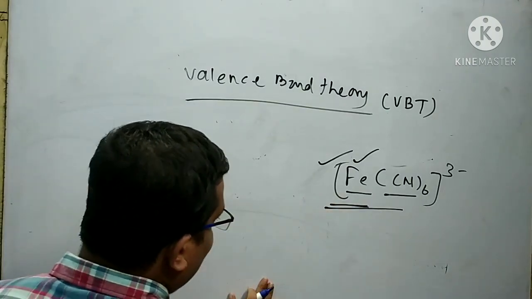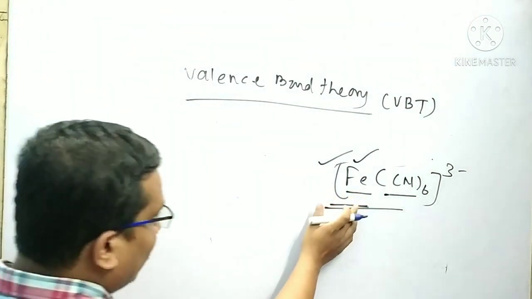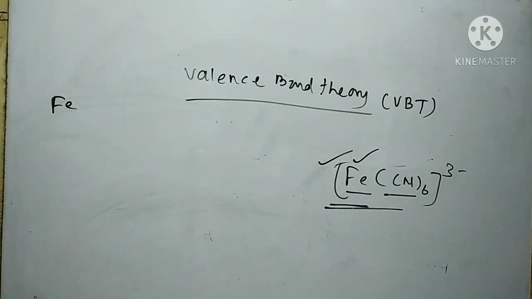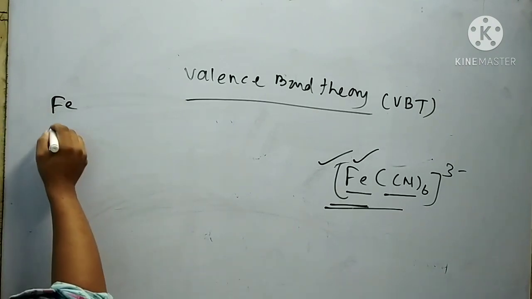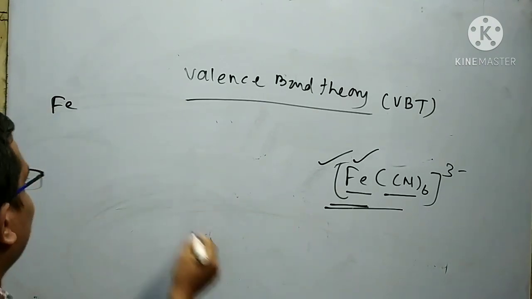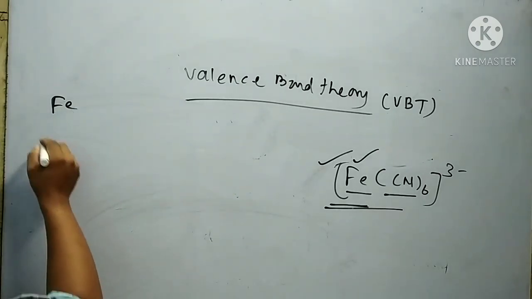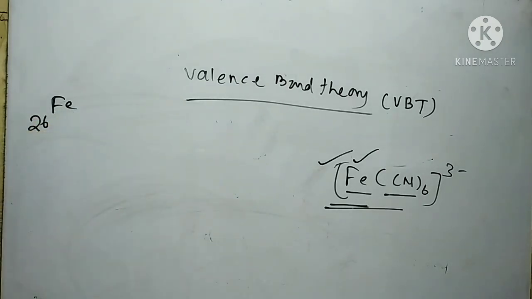To explain the structure of this complex ion, at first I will write the electronic configuration of the central metal atom. Here the central metal atom is iron, with atomic number 26.